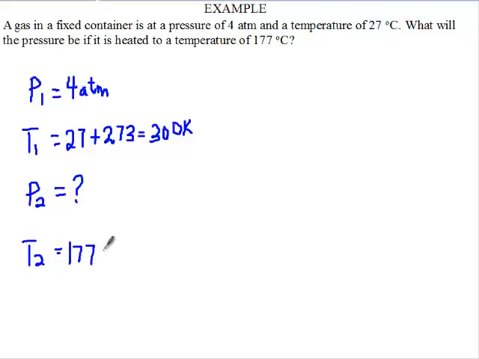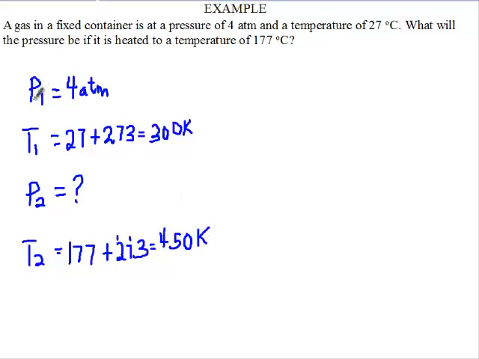And what are we going to do? We are going to add 273 to this. 7 plus 3 will give us 10, so we put our 0. We carry our 1. 7 plus 8 will give us 15. We carry our 1. 3 plus 1 will give us 4. So we now have 450 K.